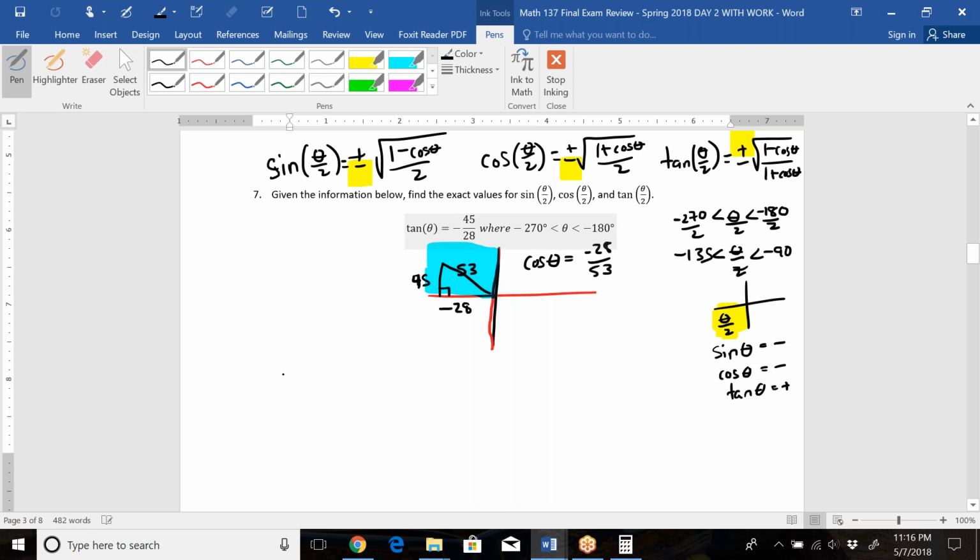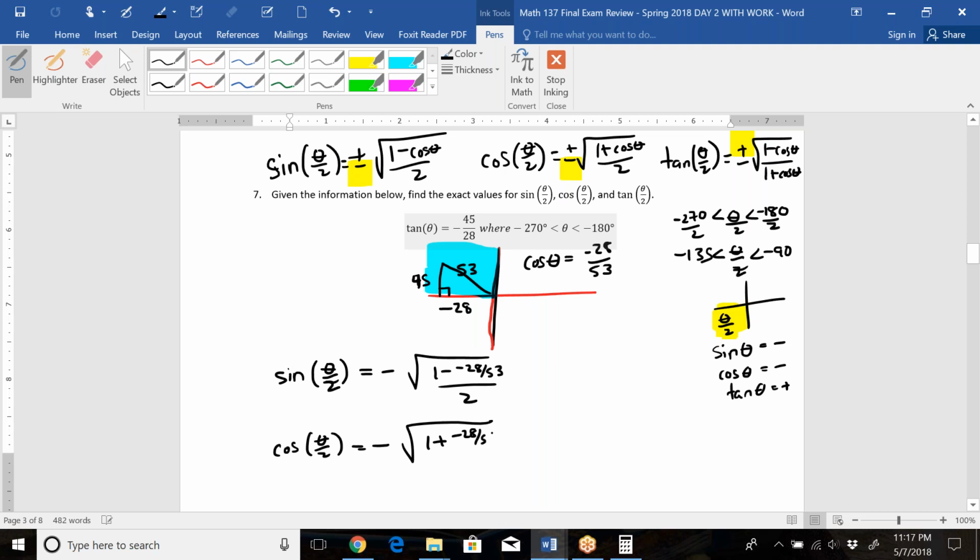Okay, so here's what we have. Sine of theta over 2 is going to be negative square root of 1 minus negative 28 over 53, all over 2. Cosine of theta over 2 is going to be negative square root of 1 plus negative 28 over 53, over 2.